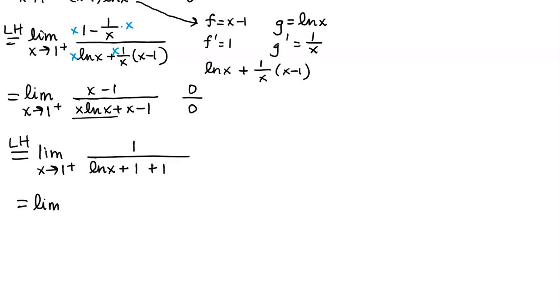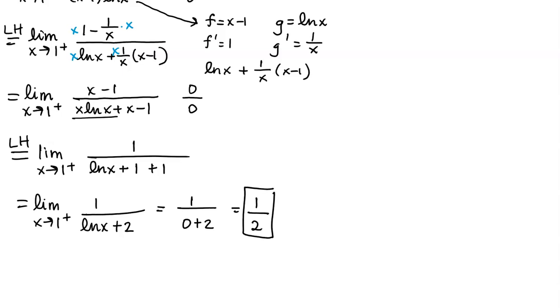Simplifying this, we have the limit as x approaches 1 from the right of 1 divided by natural log of x plus 2. As x approaches 1 from the right on the natural log function, we approach 0. And we are left with our final answer of 1/2.